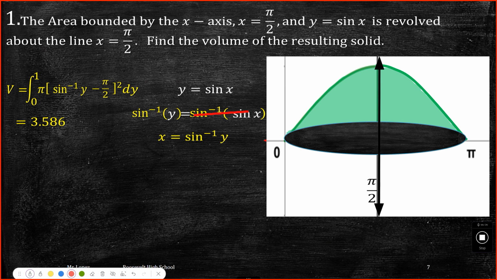Oh, look, I got it backwards. It's still the same answer, isn't it? It's not the same answer, it's just off by like 0.1. What did you get? 3.623.